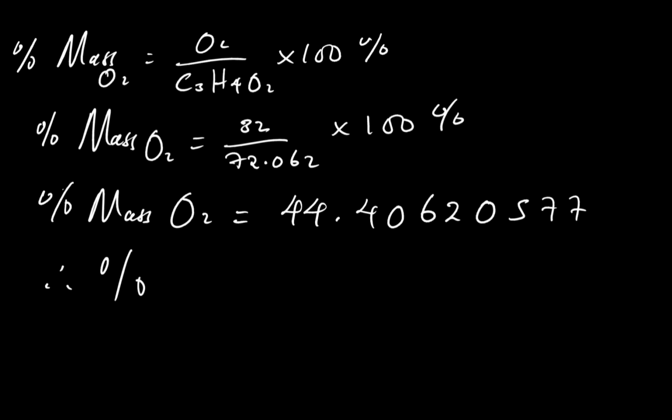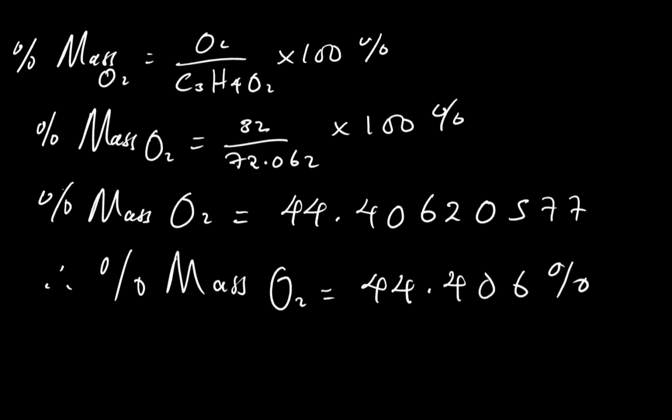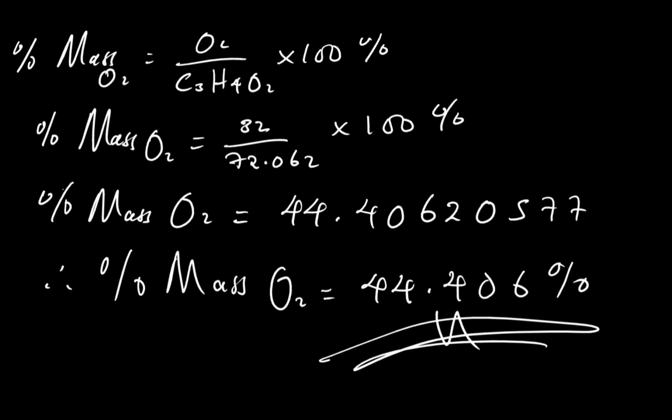Therefore, the percentage composition by mass of O2 will be 44.406%. You sum them up, you will get 100%, which means that the composition is correct.